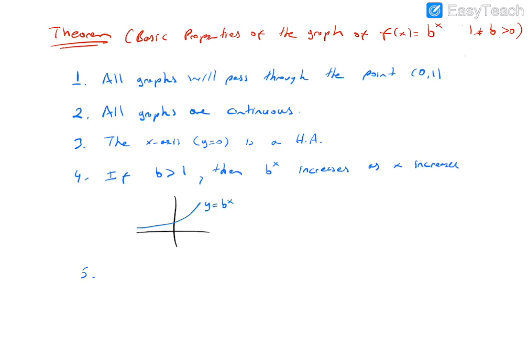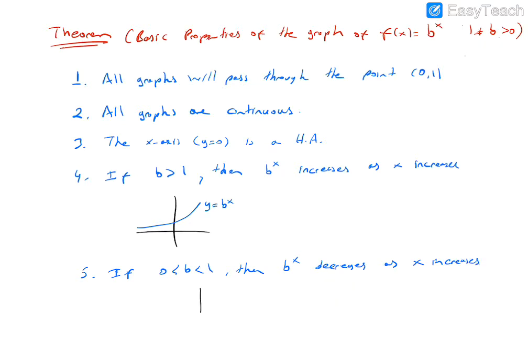And the fifth property is if b is between 0 and 1, then b to the power x decreases as x increases.